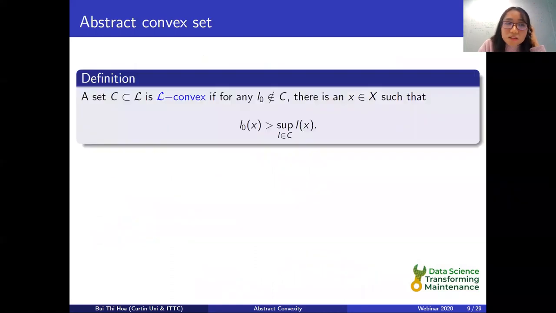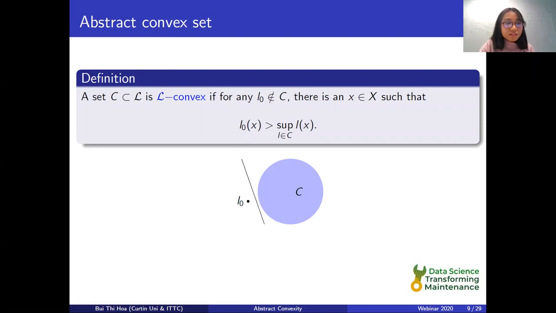How about an abstract convex set? For an abstract convex set, a set C belongs to the space L if for any point outside that set, there is an element X in the primal space, so let's think of X here as a primal space, so that this strict inequality holds.